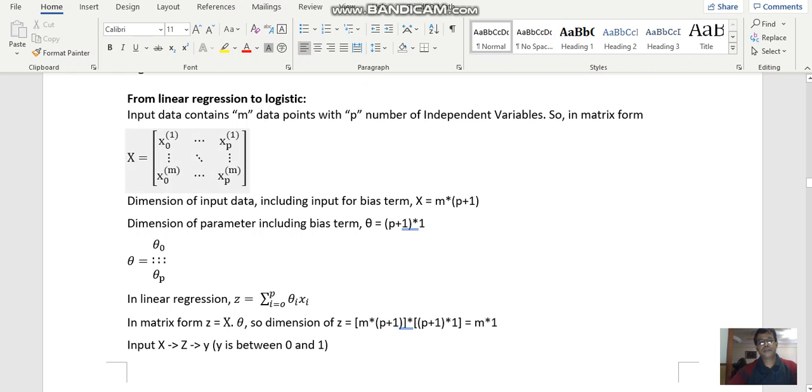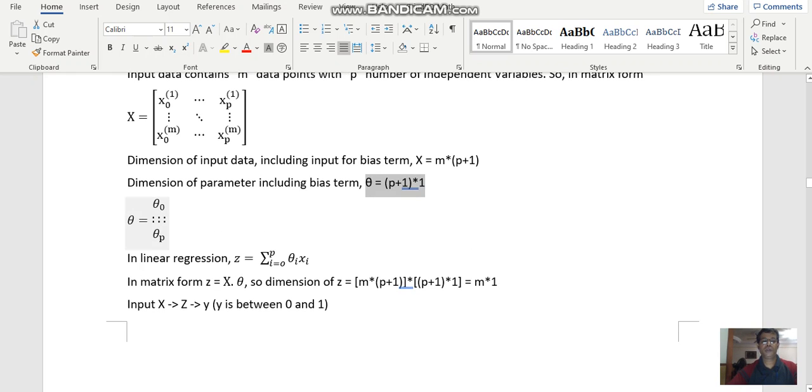Another point: the parameters do not depend on the number of data points. They depend on the independent variables only. So in totality, the dimension of the parameter matrix, denoted here with theta, is p plus 1 rows and 1 column.